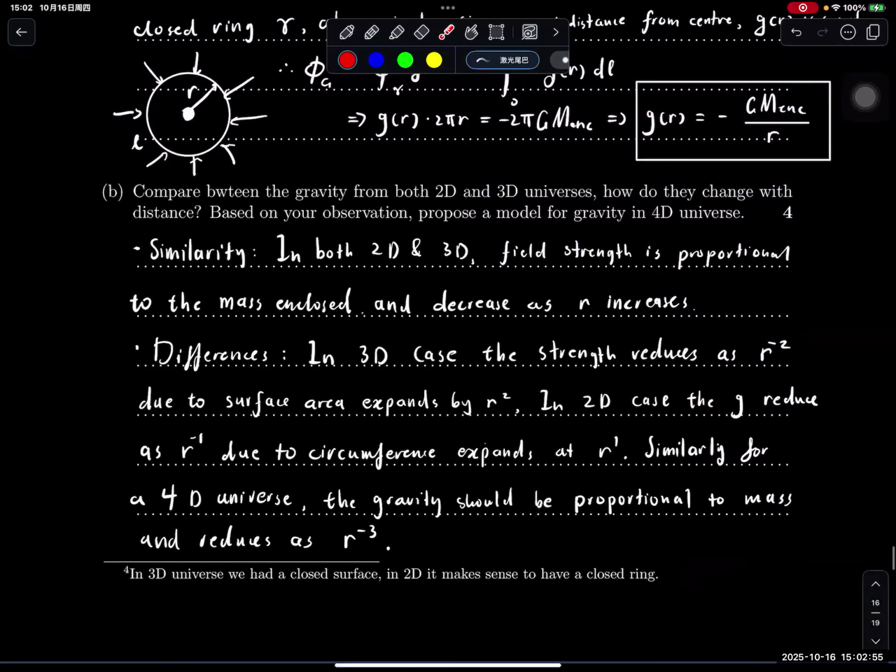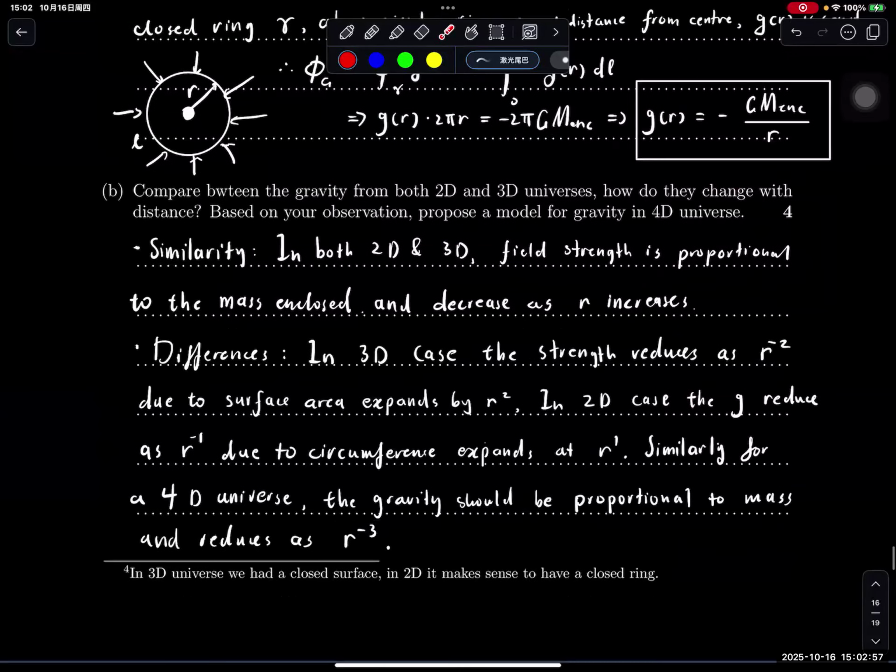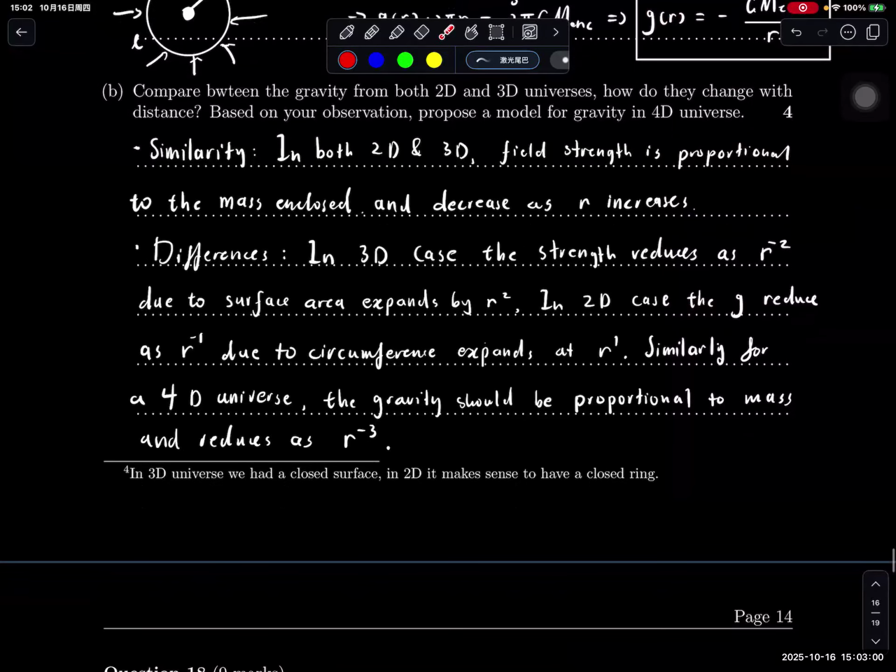Question B: compare the gravity from the 2D and 3D universe. How do they change with distance?